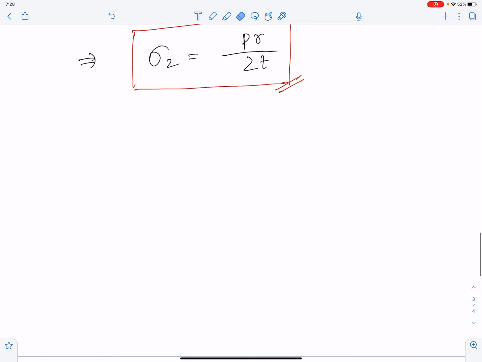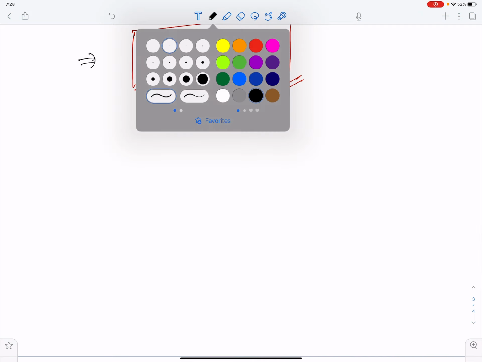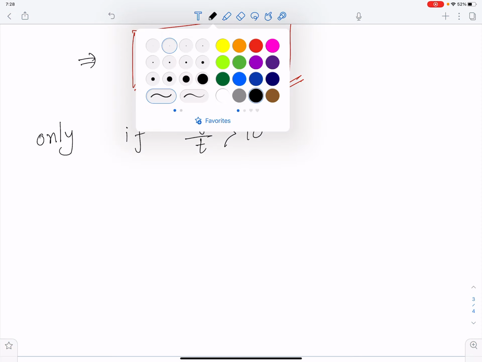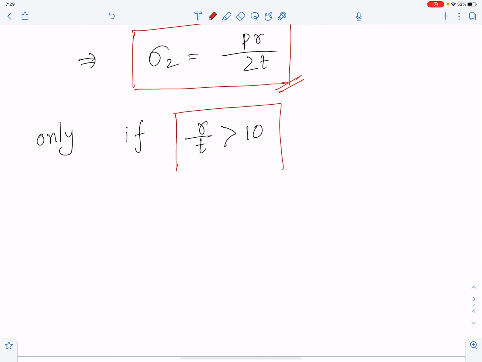One last thing, which is the most important thing: this theory, or the sigma 1 and sigma 2 expressions, is applicable only if this condition is matched, which is r divided by t is greater than 10, right? If this condition matches, then this problem is a thin wall pressure vessel.